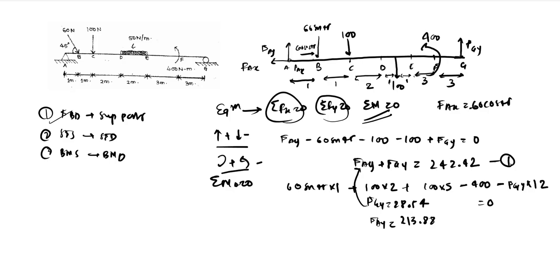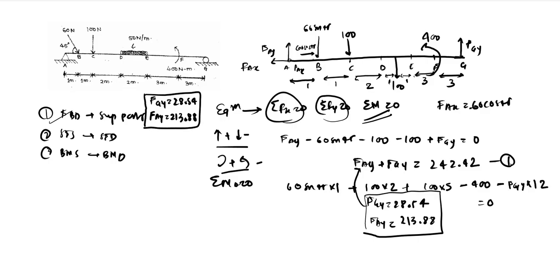So you can just make it 28.54, or either you can make it 213.89. Whatever you can assume or approximate from the values you get in your calculator. So we have FGY as 28.54. We have FAY as 213.88. So these are our reaction forces at A and G.